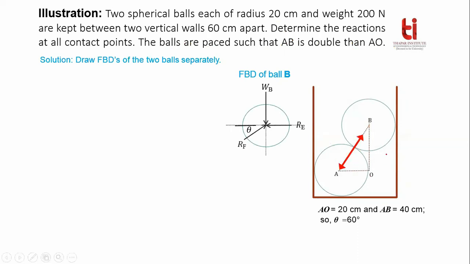So first of all, let's draw the free body diagram. We will start with the forces acting at the interface points. This is the reaction force acting on these two balls. Now weights are acting on each ball: this is the weight acting on ball A, weight acting on ball B. Then reaction at this point, at this point, and at this point.